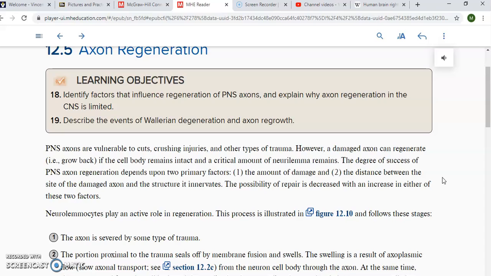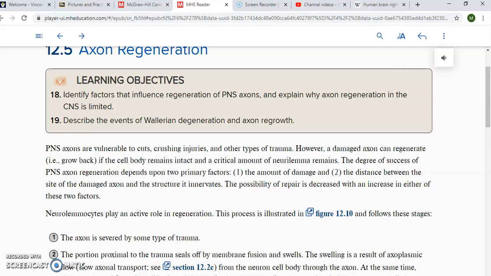So if that distance is really lengthy, if it's like a long distance, then there's going to be less possibility of regeneration and restoring the normal functioning. If it's a shorter distance, then it's more possible.